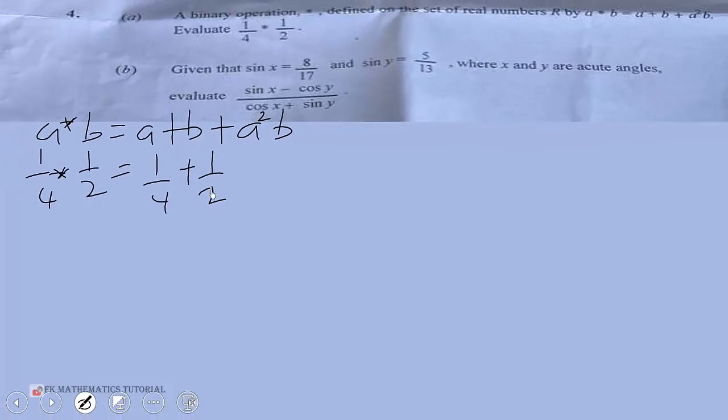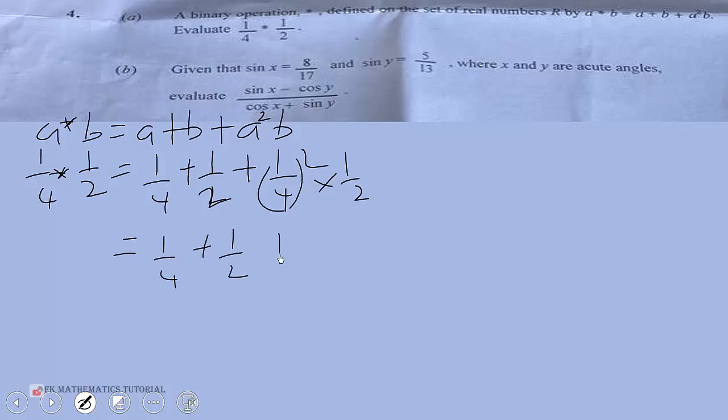We will evaluate 1 over 4 star 1 over 2, which will be equal to 1 over 4 plus 1 over 2 plus 1 over 4 squared times 1 over 2. So this will give us 1 over 4 plus 1 over 2 plus 1 over 16 times 1 over 2. This will give you 1 over 4 plus 1 over 2 plus 1 over 32. So the LCM will be 32.